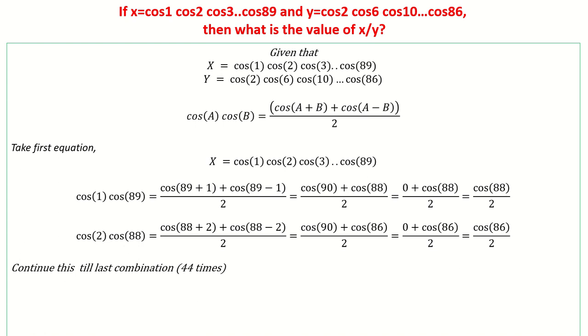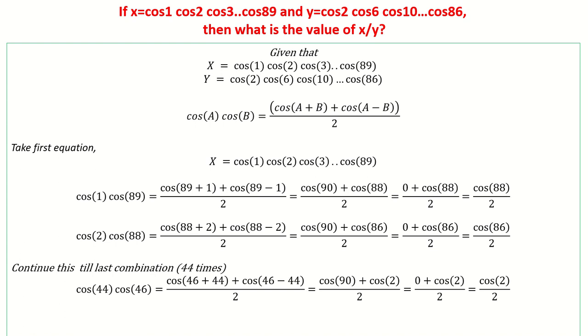So 89 by 2, rounded to 44, and cos 45 is the center number which will be remaining. The last one is cos 44, cos 46, which is nothing but cos 90 plus cos 2 by 2, which is cos 2 by 2. Now cos 45 is we know 1 by root 2. Leave it.